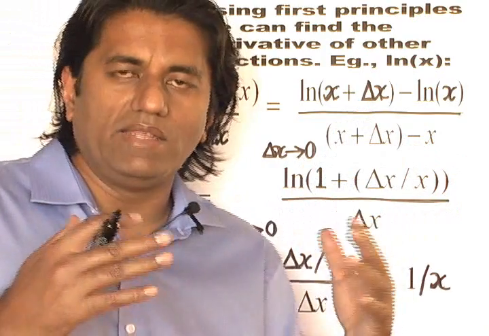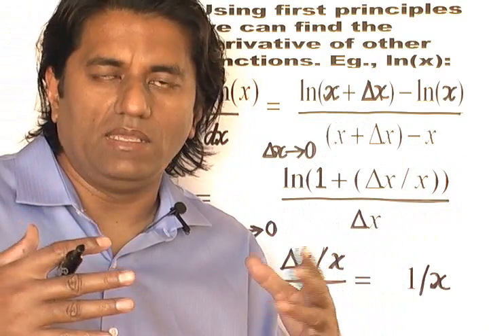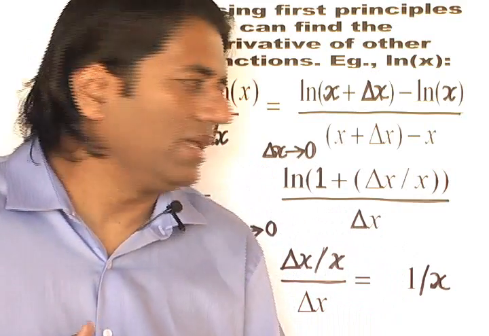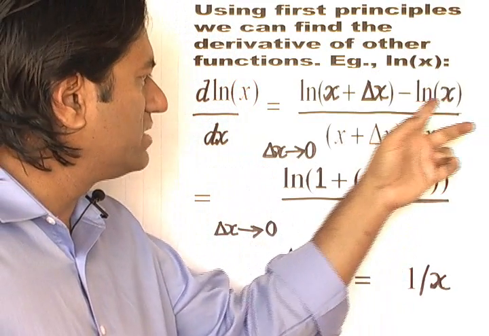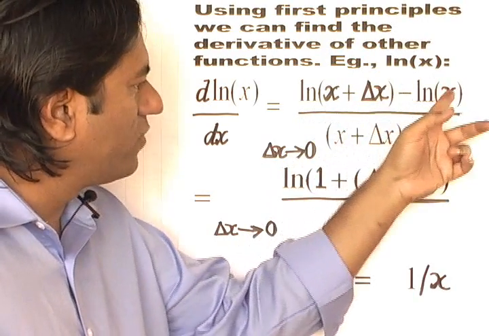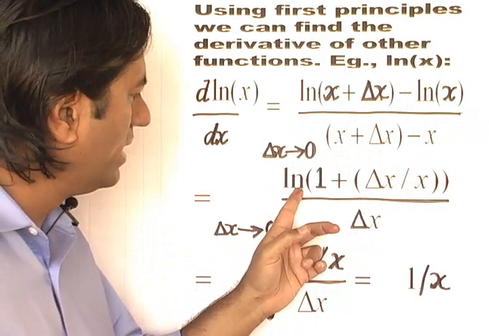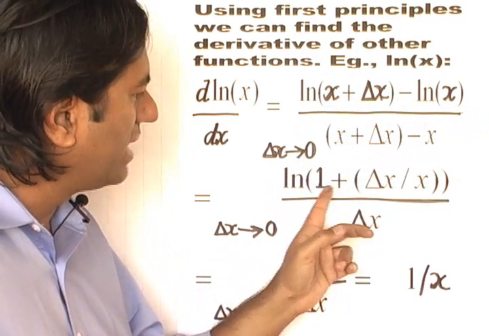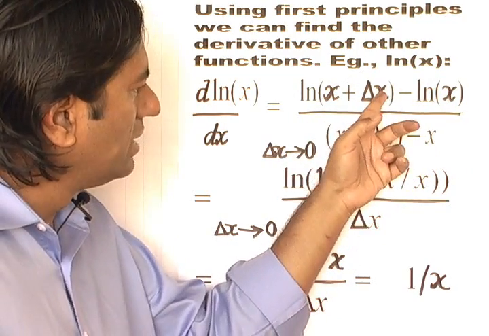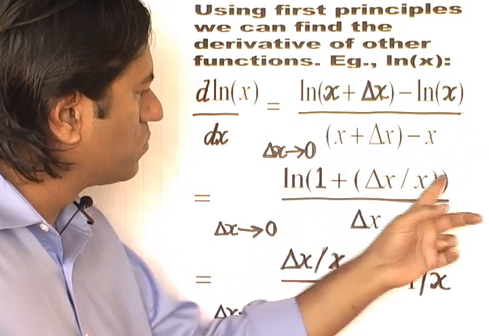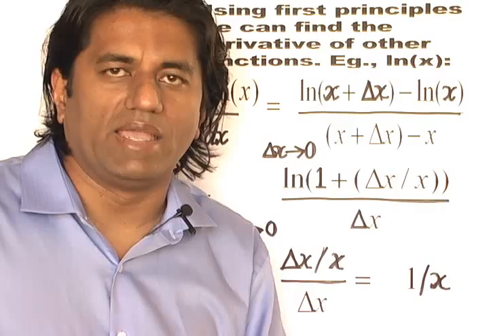Now ln a minus ln b equals ln of a divided by b. So this x comes in here and you divide by it. So what you get for the numerator is log of x divided by x, that is 1, plus delta x divided by x. So log of this quantity, 1 plus delta x by x.